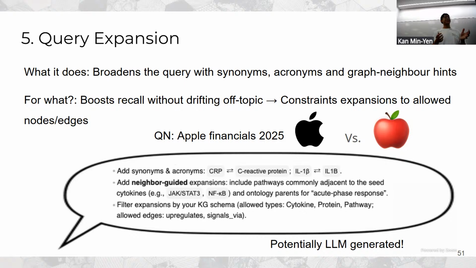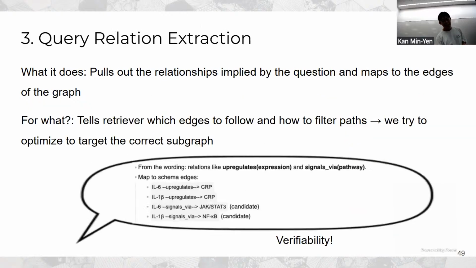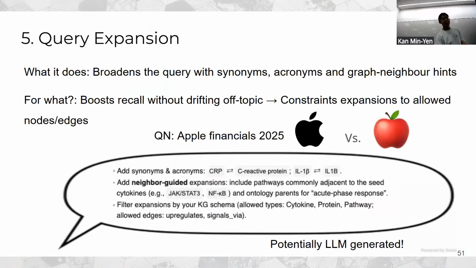For example, there are so many edges that might come out of the book 1984, but only a few are relevant. Query expansion hints to your retrieval model that you should look in that direction.